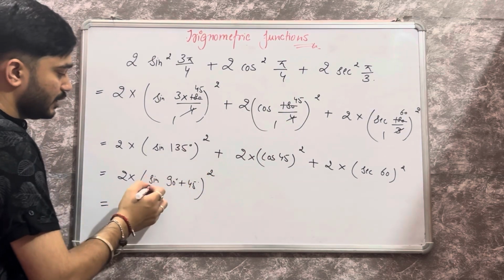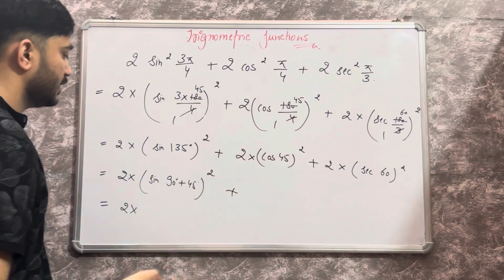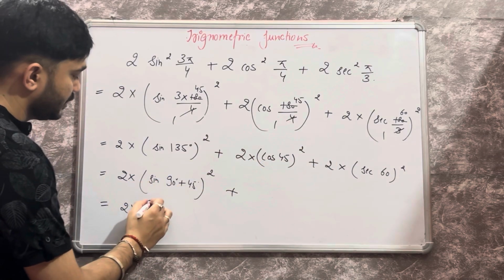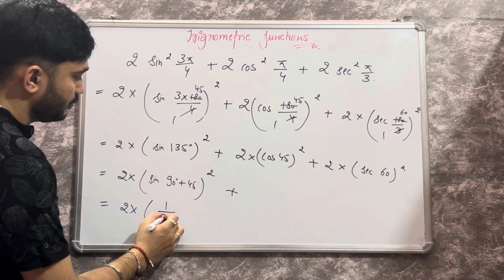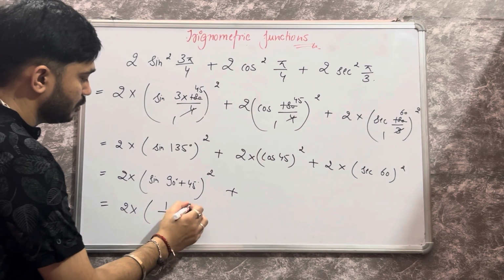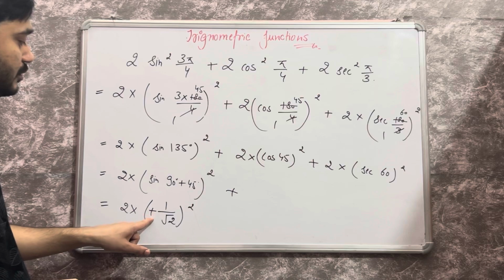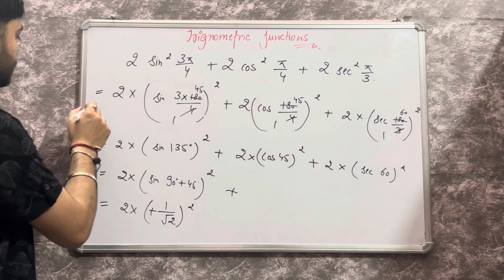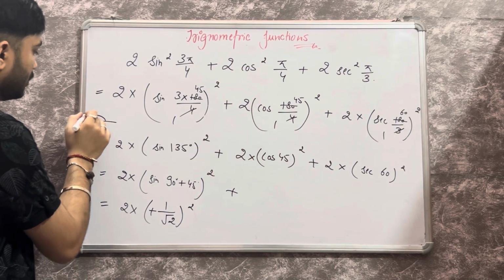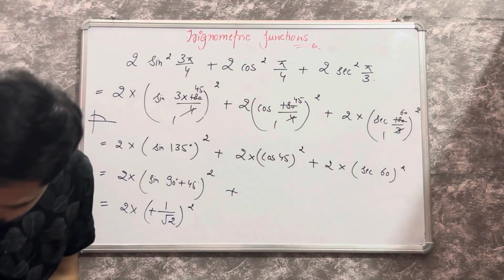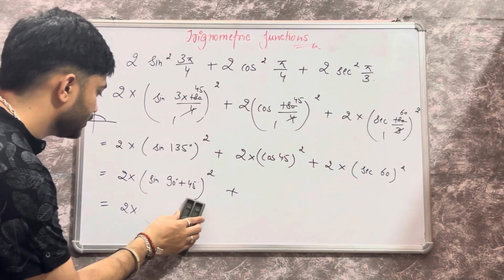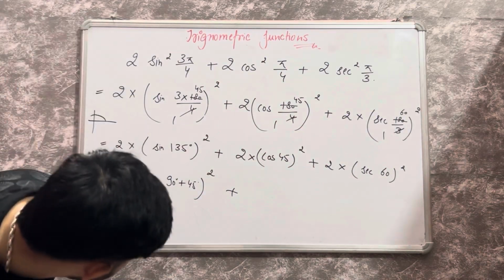We are going to solve this and then we will solve that. Sin 90 plus 45. Here the sign will become, sorry, little mistake from my side, sorry for that.